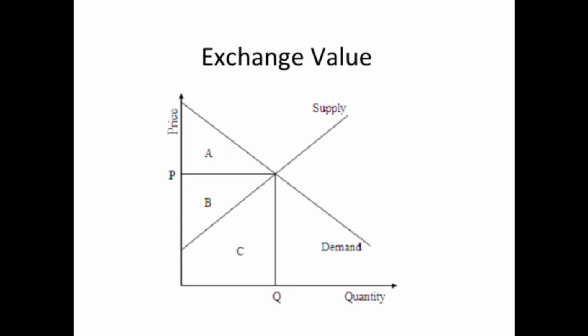As you can see, the area above the price but below the demand curve, the triangle A, is called the consumer surplus, additional value you can consider it, to the consumers in terms of their willingness to pay for that service, but not included in the actual valuation, because we use the market price P to value that good and service, which is the intersection between the supply and demand.